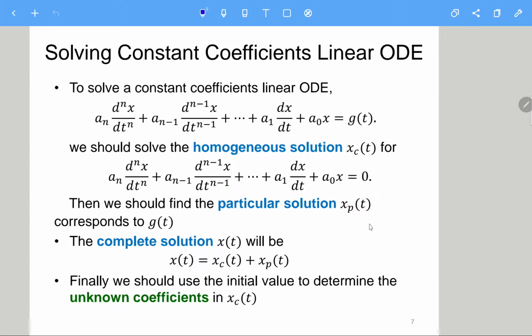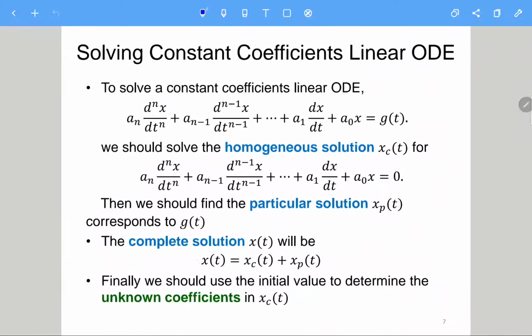Let me finish this page first. When we try to solve the constant coefficient linear ODE like this, with the function on the right hand side, the very first step is to solve the homogeneous solution.